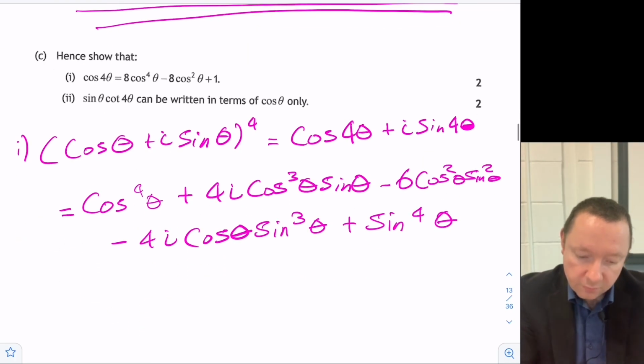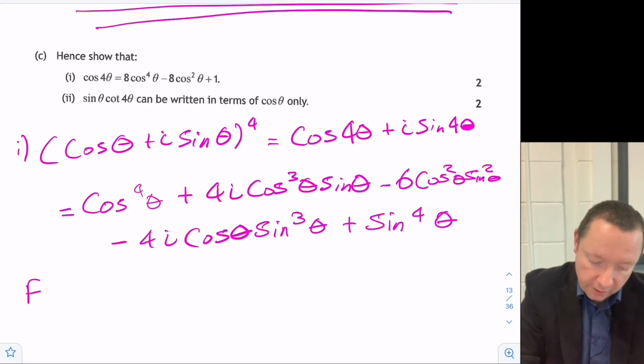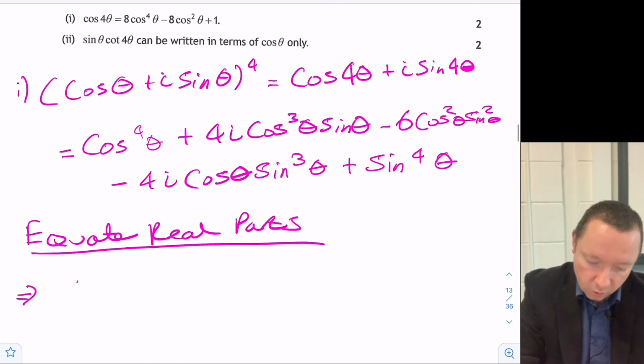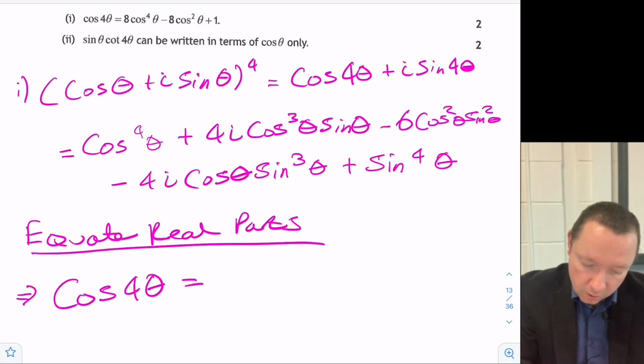So we can see that this is made up of a real part and an imaginary part. So if we just equate the real parts, we'll end up with cos 4 theta. So that implies that cos 4 theta equals cos to the power of 4 theta. Second term's imaginary, minus 6 cos squared theta sine squared theta.